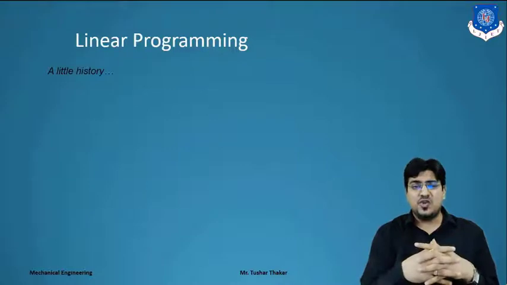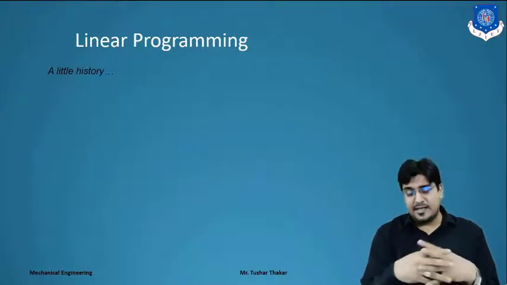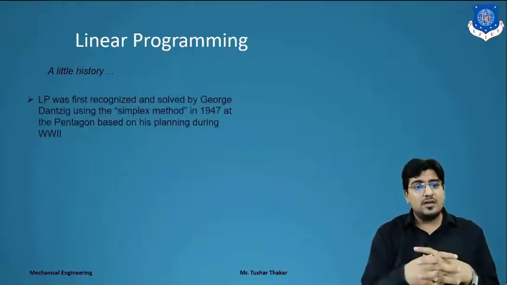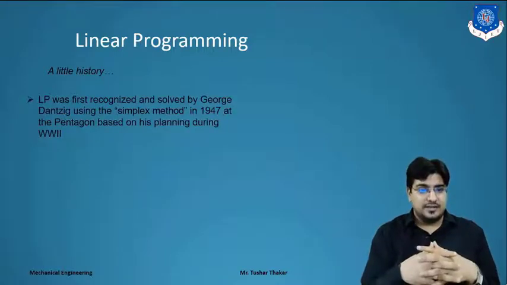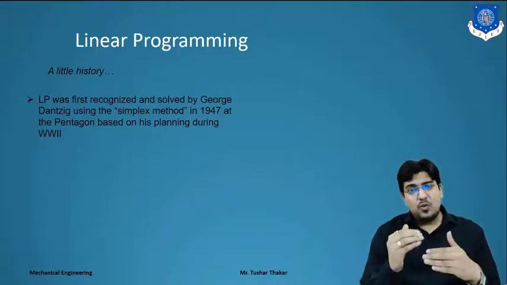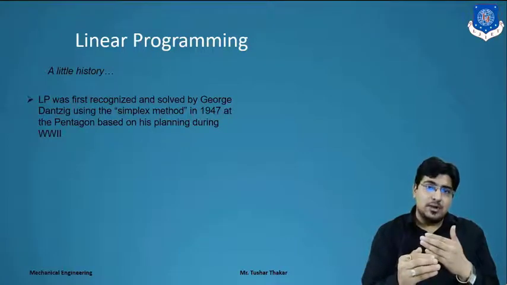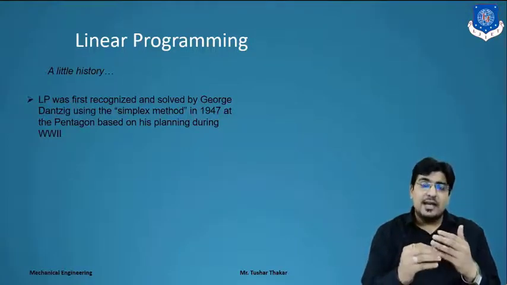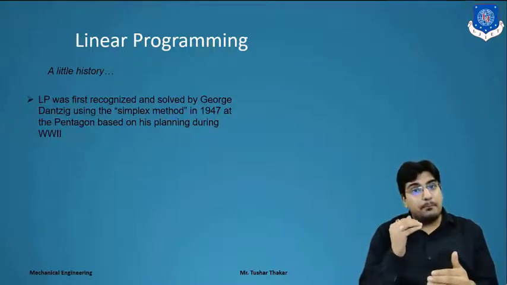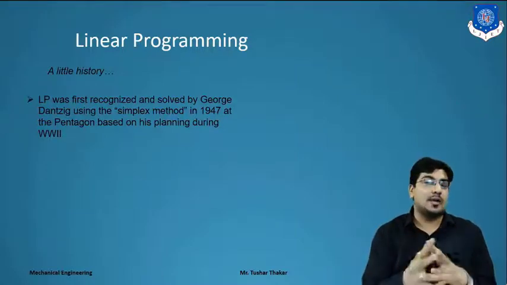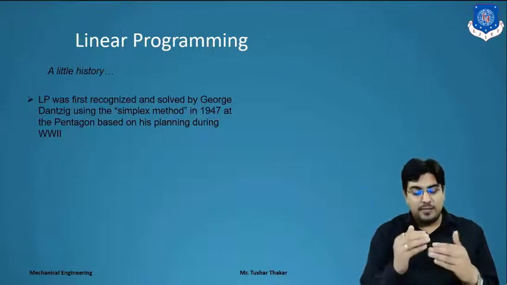So what is the history behind linear programming? Let me see. One scientist named George Dantzig used a linear programming method, and he developed the simplex method to solve linear programming problems, right?